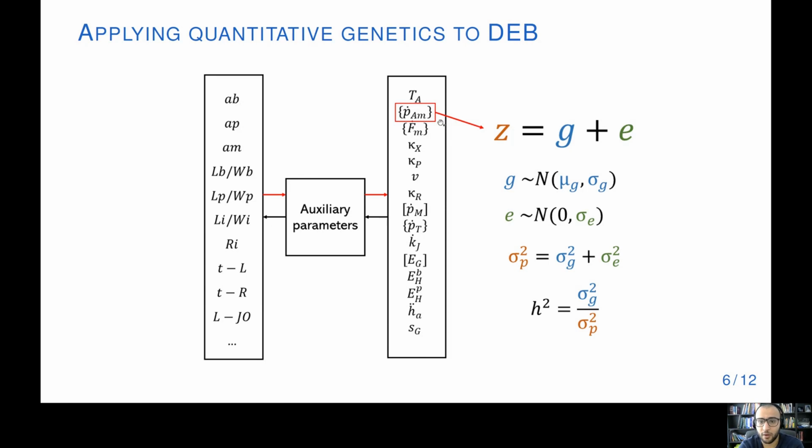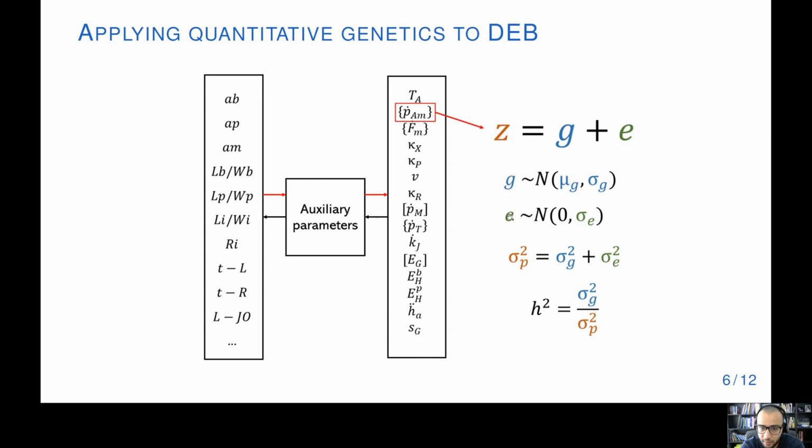Using this assumption, quantitative genetics then describe these traits as the sum of the genotypic and environmental value. Both these values are sampled from a normal distribution with a specific mean and variance. The sum of their variances then results in the total phenotypic variance in the population.